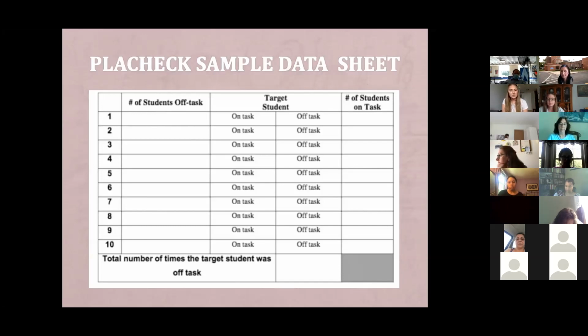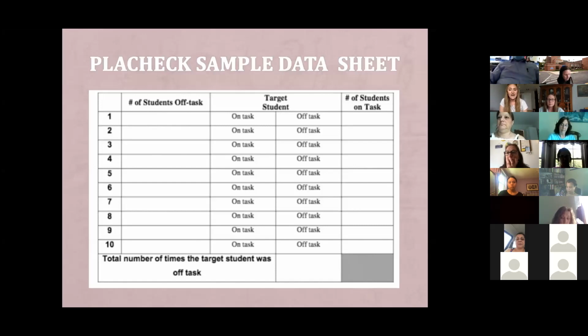This sheet is really good for an independent or a dependent group contingency because you have your target student. Who exactly are you focusing on? And we have the number of students off task and on task as a point of reference. As your intervals are going on and you're taking your data, you could circle your target student.